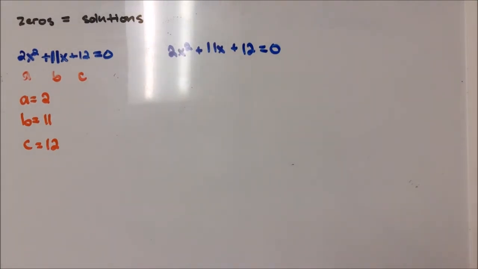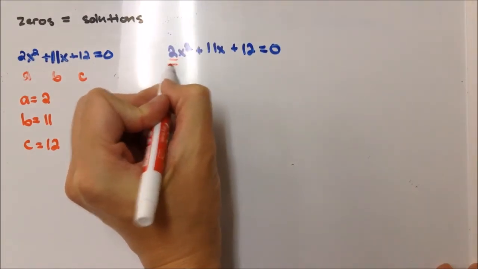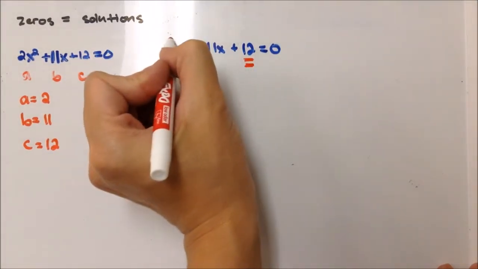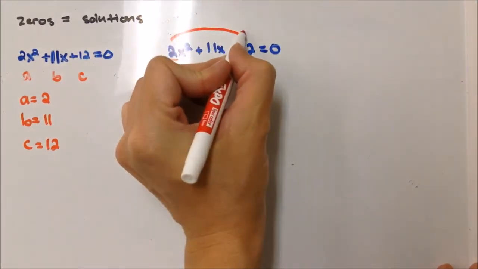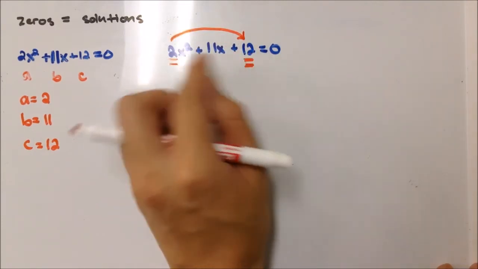So in the slide, divide, move method, the first step is you're going to slide the coefficient in front of x squared all the way to the last term, which is 12. When you're sliding the 2 to the 12, you're multiplying them.